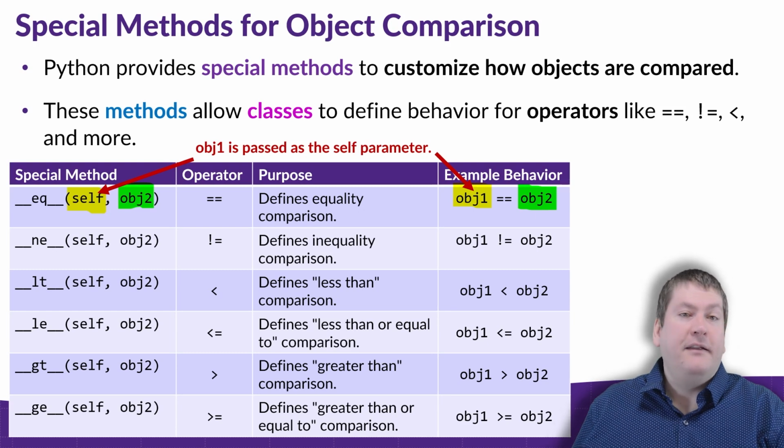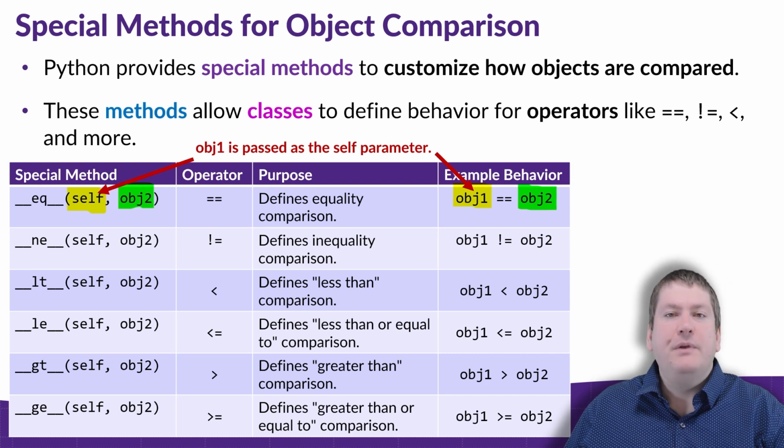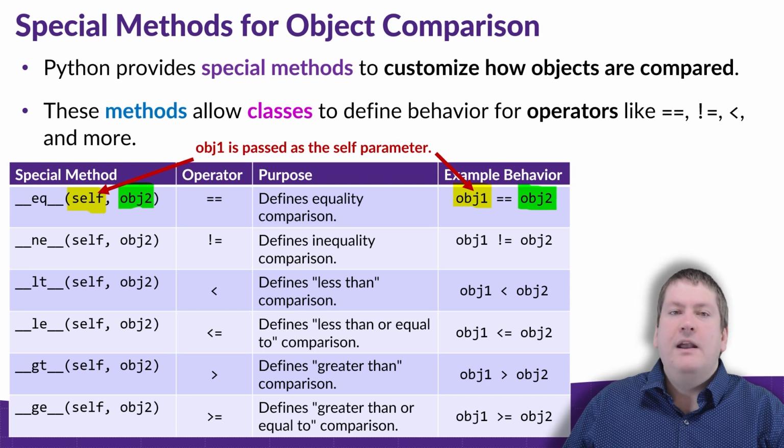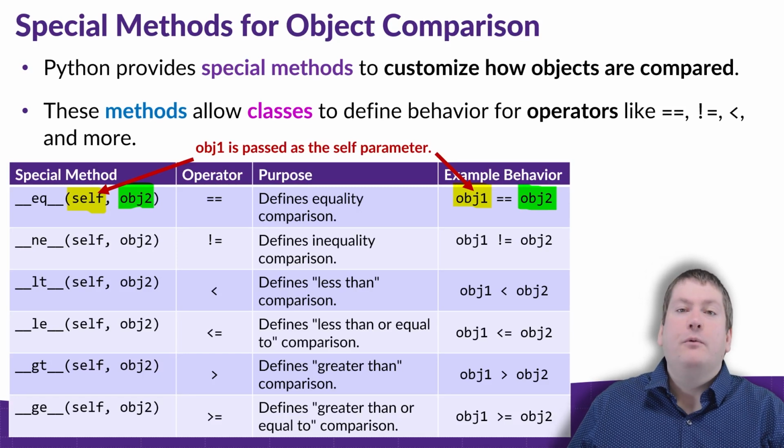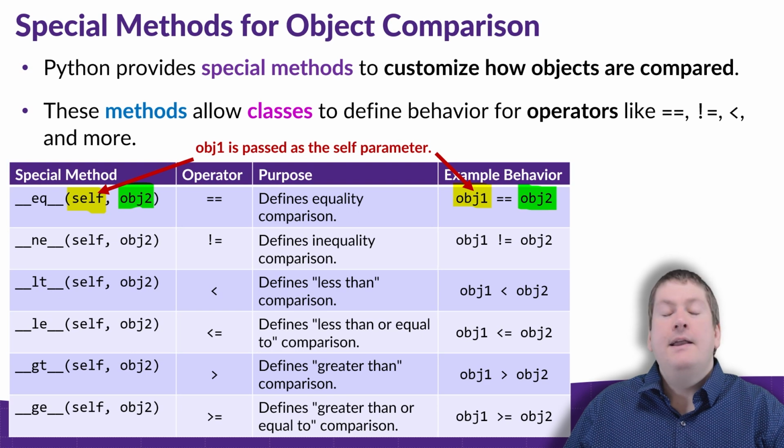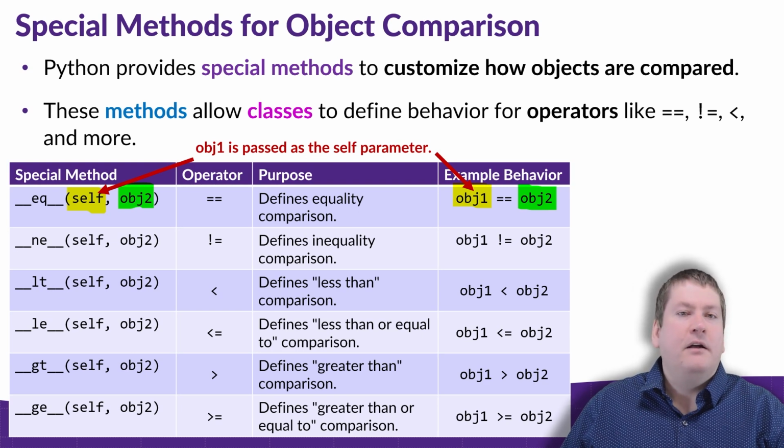That means we're calling this equals special method on object 1. And the argument, or the parameter in this case, is going to be object 2. And this is true for all of these different special methods. The leftmost one is going to be sent as self. That's the one that we're calling the special method on. And the rightmost is going to be the one that is the argument to the method.